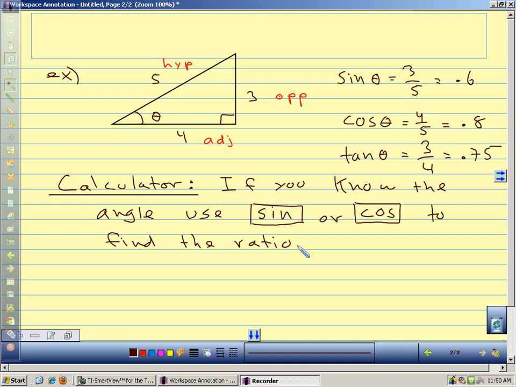So just like we did with tangent, if we know the angle, if they ask us for the sine or the cosine of some angle, we can just use the sine or cosine button in our calculator.